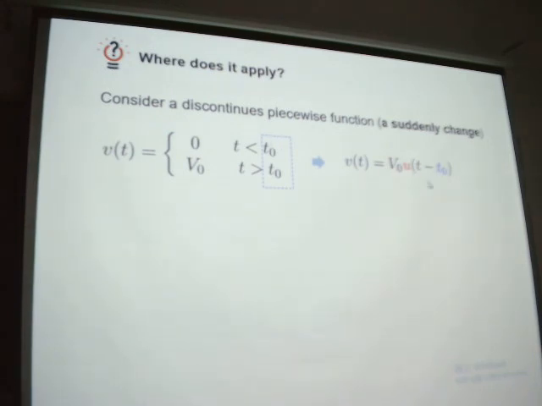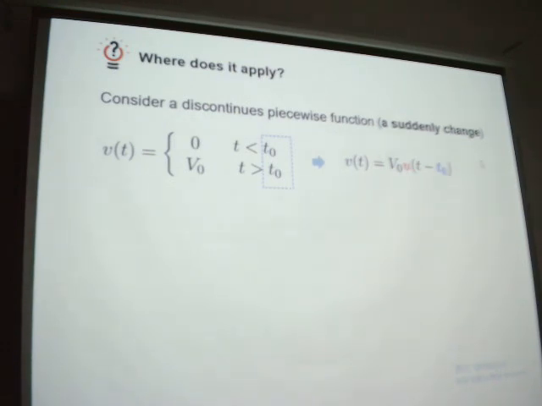So we can use the step function instead of the discontinuous piecewise function, we put a new t minus t0 inside because the t0 is the time for change. And we can see if we put t less than t0 inside, this part will become 0, right?